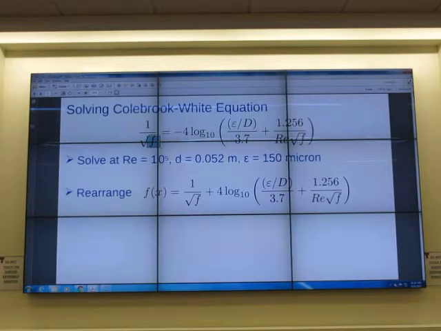For this question, the domain of the answer is something greater than 0. 0 doesn't work, right? 1 over square root of 0 is infinity, so it doesn't work. The square root of minus 10 doesn't work either.